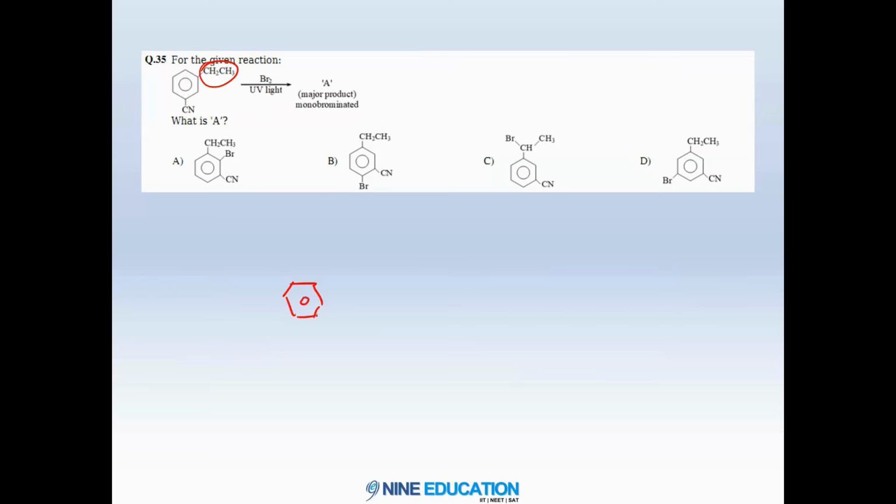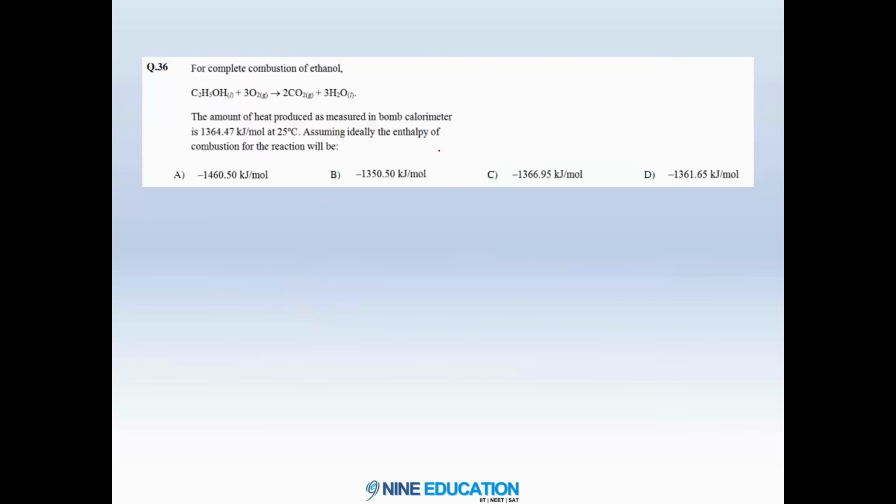So here this can be the cyanide, right? And we have the methyl group. If it happens here, it is a 1 degree free radical. Here is a 2 degree free radical. So naturally, at the 2 degree free radical, only bromination will happen. So this is again a clear-cut, straightforward question.